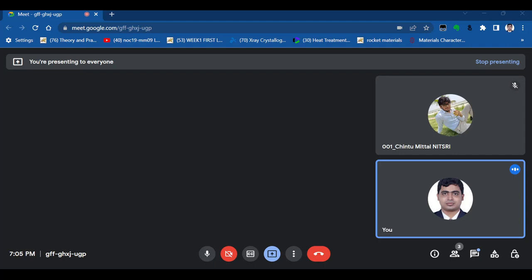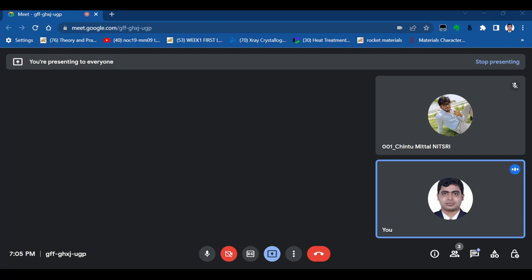Okay, so if you are loading a material in two directions or in three directions, always sigma maximum is the principal stress, this is sigma max. The difference between the sigma maximum and the sigma minimum is always the yield stress of the material.